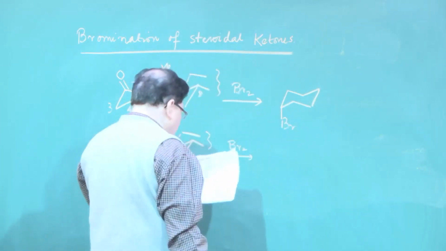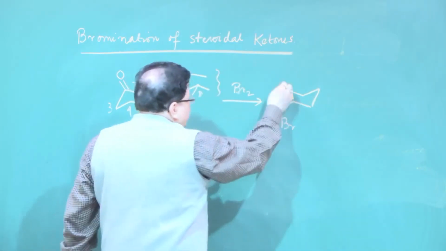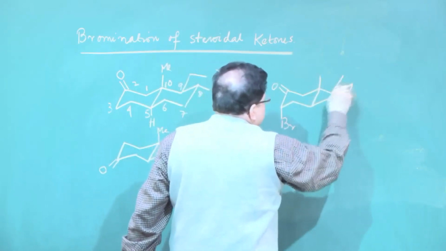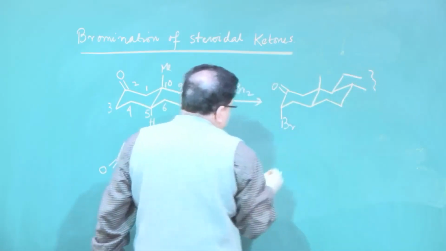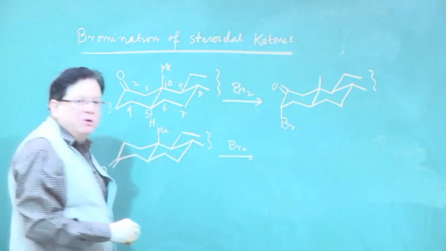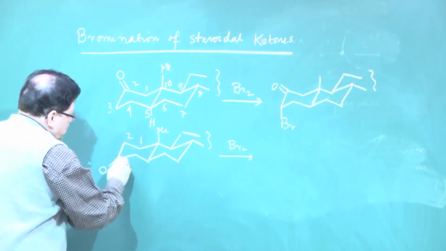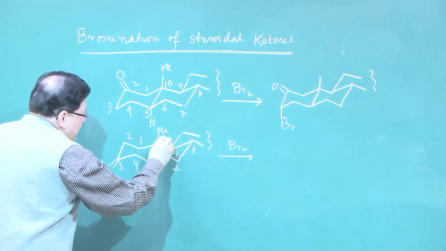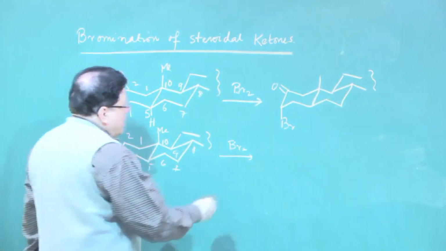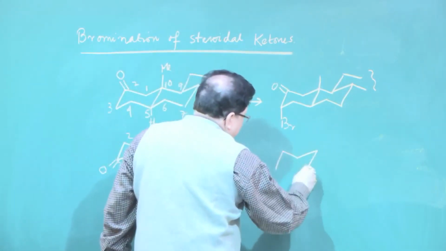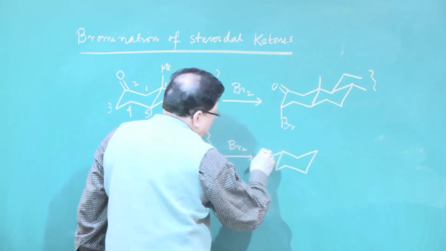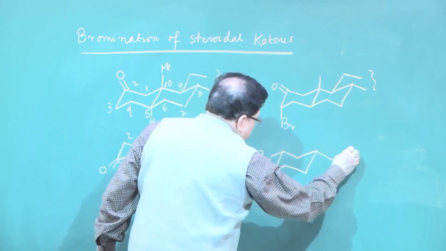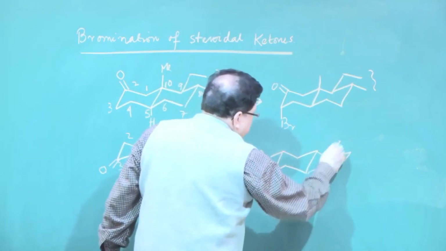Okay. On the other hand, from the 3-ketosteroid, the product that is formed is the 2 equatorial bromine. So, the bromine goes here, okay, in the equatorial position.